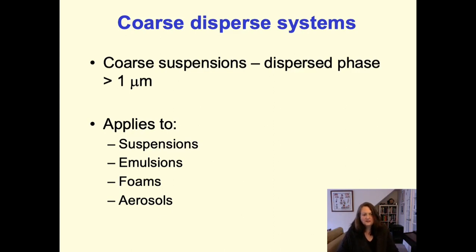But there are other factors to consider when a suspension has larger particles, and we're going to talk about those. So this will apply to suspensions, emulsions, foams, and aerosols. In all of these cases, we can have examples where the dispersed phase is greater than 1,000 nanometers, so 1 micron.